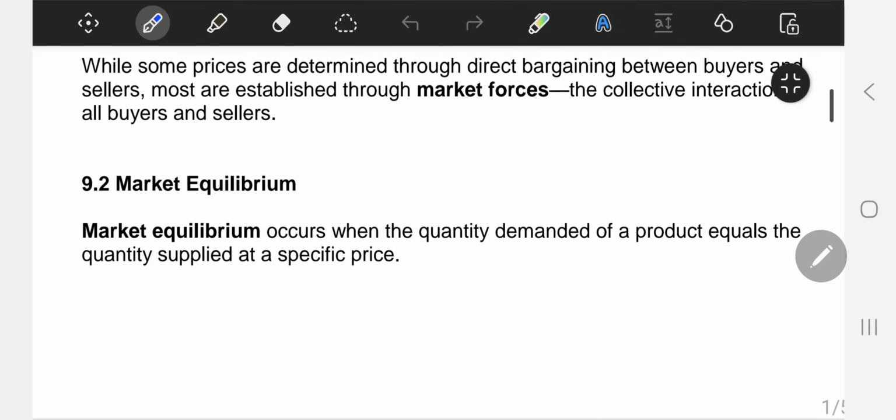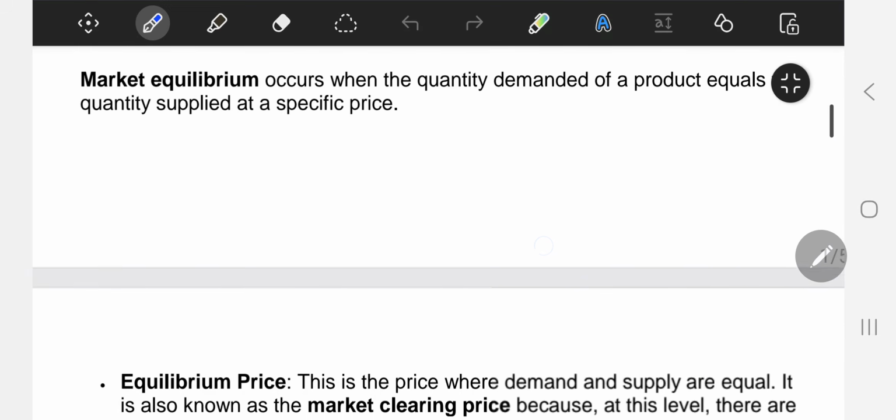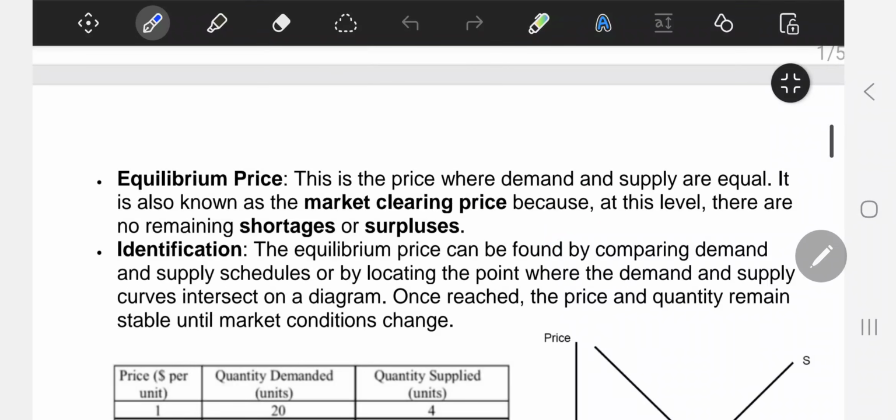Now, we have something called market equilibrium, and this occurs when the quantity demanded and the quantity supplied are equal at a specific price. All right, let's look at that in the table that I have down here. But before that, just think about the point where the quantity that is being demanded is going to equal the quantity that's being supplied.